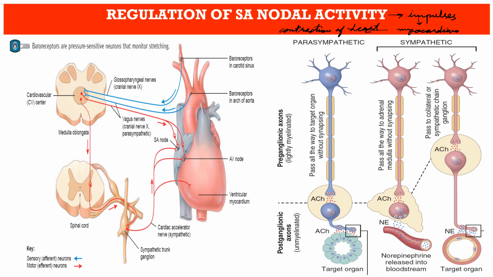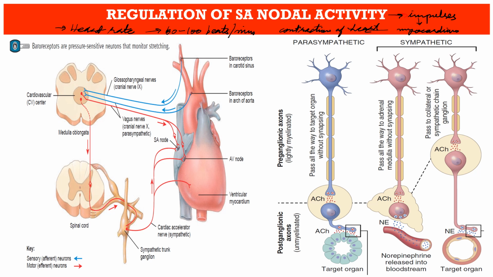On the basis of this, we can say that the SA node controls heart rate. The heart rate depends on the rate at which the SA node produces action potentials, that is, between 60 to 100 beats per minute.